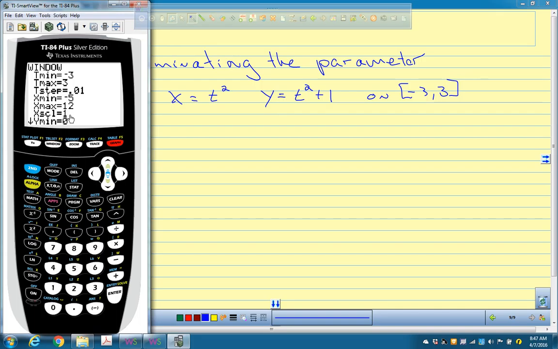what happened? It's because the window is still set. So you have to change the window. Oh yeah, because for this one x is always going to be positive, right?